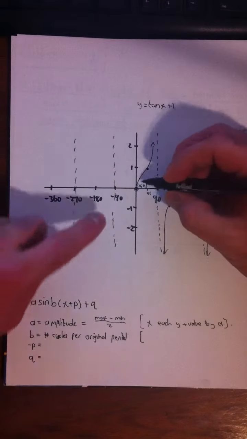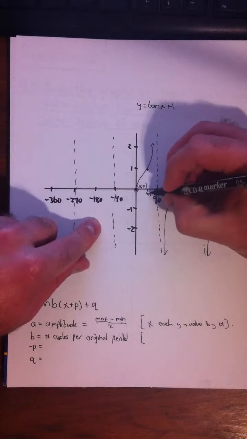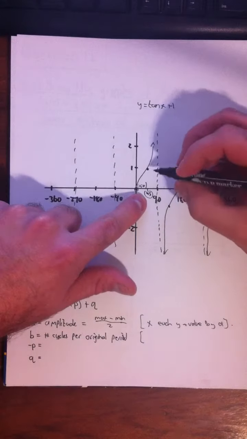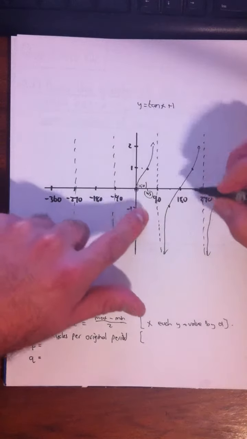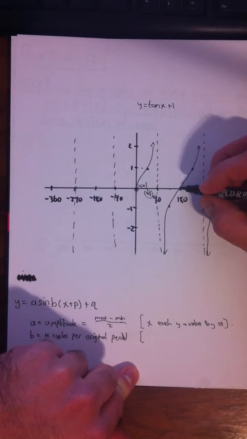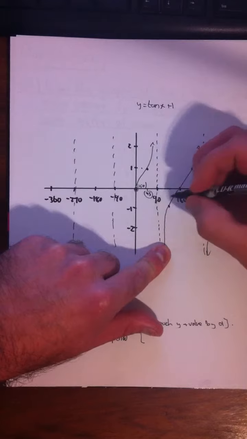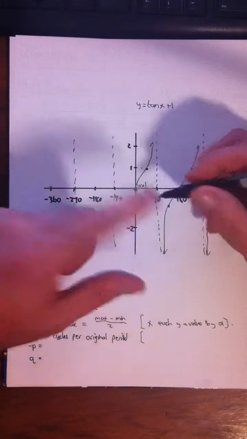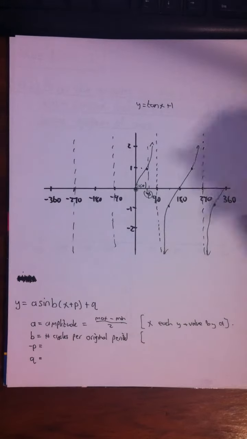This coordinate here was 0, divided by 2 remains 0. Over here our x coordinate was 45, so we'll have to divide that by 2 to get 22.5. And the same here, this value here is 0 on the y-axis but 180 on the x, divided by 2 gives us 90. Same with the asymptote. The asymptote was at 90, now it'll be at 45.